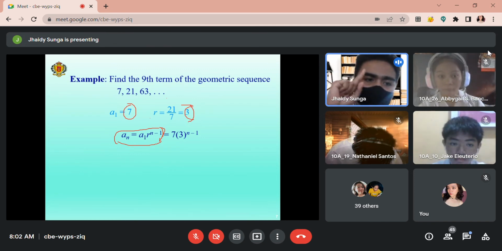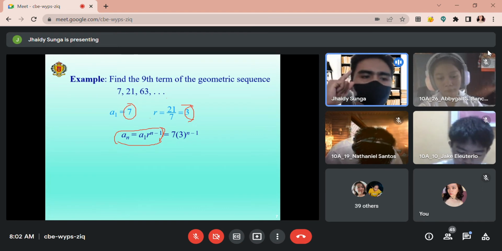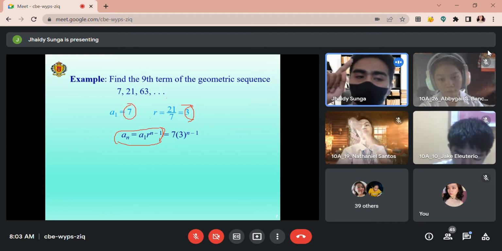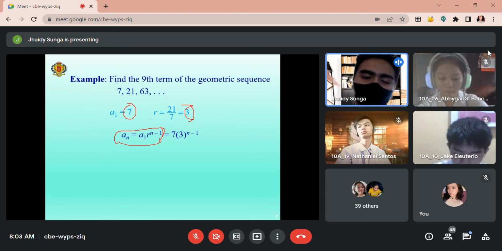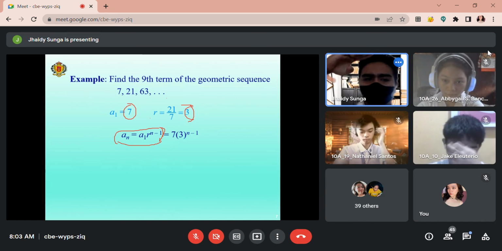That will be my instruction, even in exams and quizzes. The first step is to write the formula first, if there is a formula. If there is none, then there is none. But if there is, please write the formula first in order for you to be guided step by step.